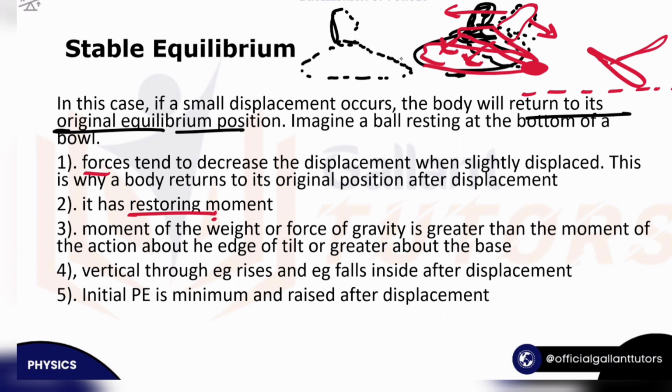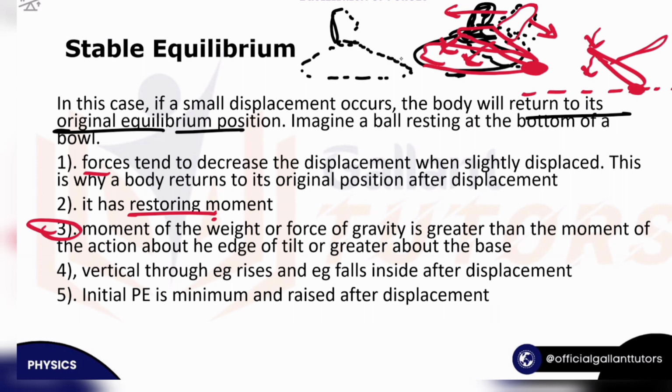What this statement number 3 is trying to say is that the weight looks as if it is acting more on this side, because the force of gravity is now adding to its weight. So the moment of the weight or force of gravity is greater than the moment of the action about this edge here.